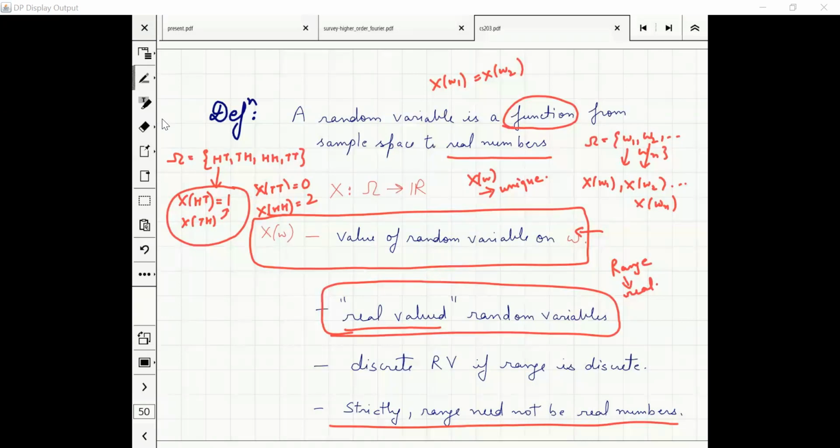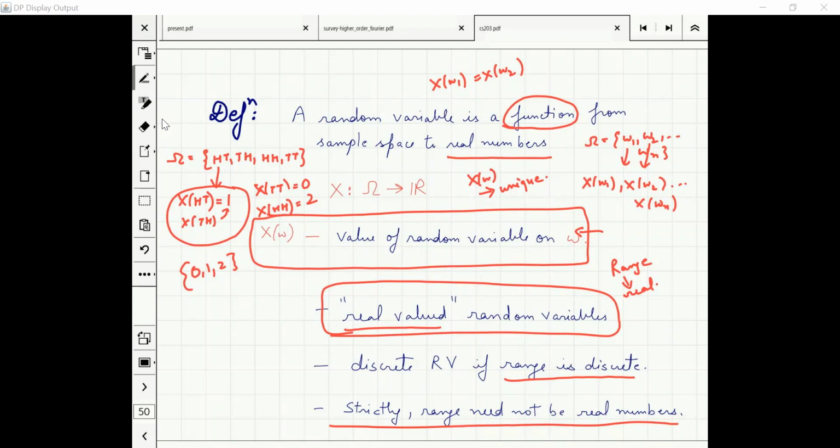It could happen that your range is discrete. Even though you're allowed to have all real numbers, your X only takes a few values. For example, here you know that X could only take values 0, 1, 2, and in that case it will be called a discrete range.